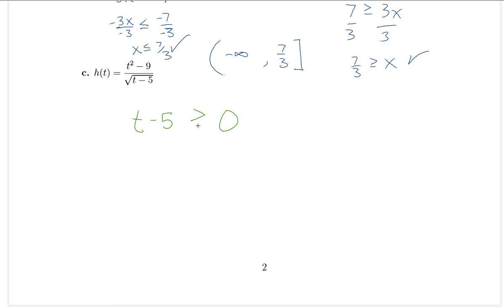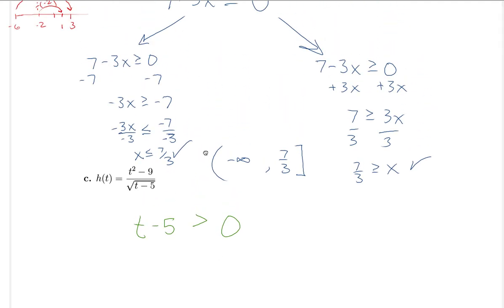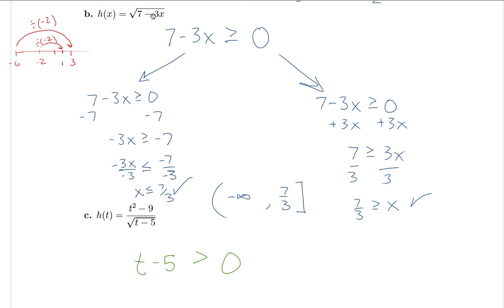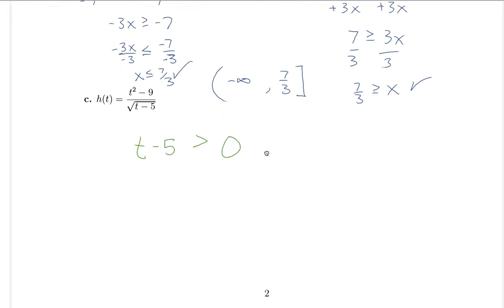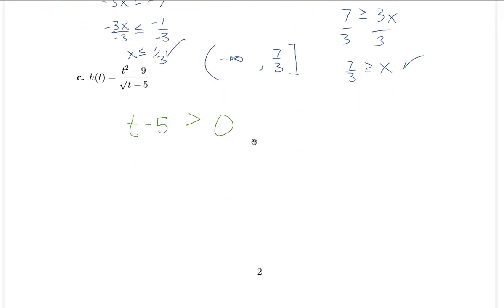But I haven't put an equal to there. And I haven't put an equal to there because the square root is in the bottom, I don't want it to be 0, right? So in the last problem, it was totally okay for 7 minus 3x to be equal to 0 because it was in the top of the fraction. But now that the square root's in the bottom, that's not an option anymore. So then we just say it's greater than.